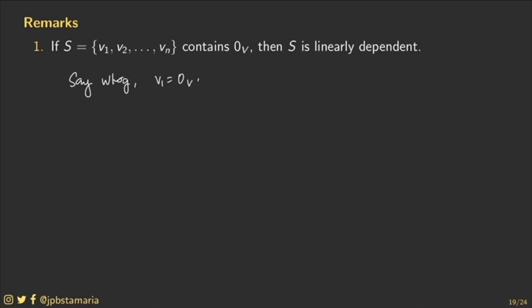So if V1 is 0, no matter what scalar I put on V1, let's say I just put a 1, I still get the 0. And even when I put a 0 on V2, then 0 on Vn, no matter what these vectors are, this always equals the 0 vector.